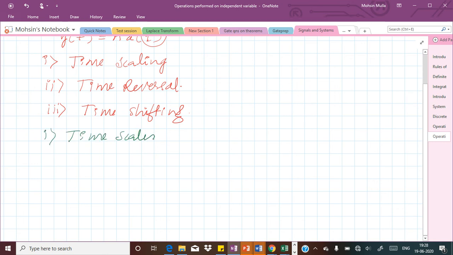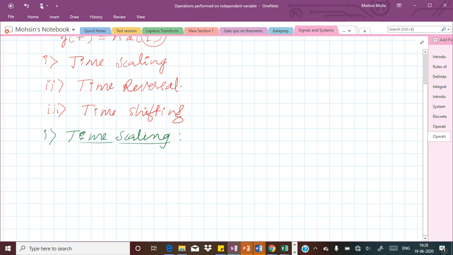Time scaling operation is basically used for adjusting the width of the signal. Here the signal can be expanded over a larger period of time, or it can be compressed over a shorter period of time. You can understand this with a simple example: when you play something in slow motion.